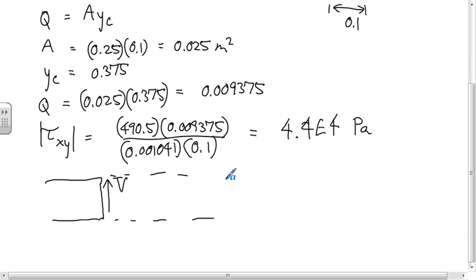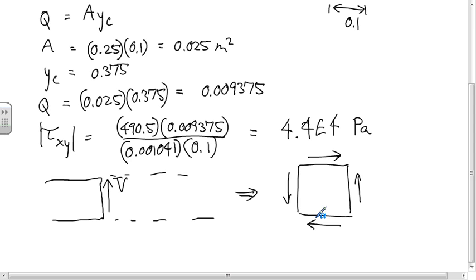So V is up, and that means that the stress element looks like this. These values are all 4.4 times 10 to the 4th. And so is tau xy positive or negative? And how do you know? Yeah, because it's on the x face in the positive y direction. So tau xy is equal to positive 4.4 times 10 to the 4th.